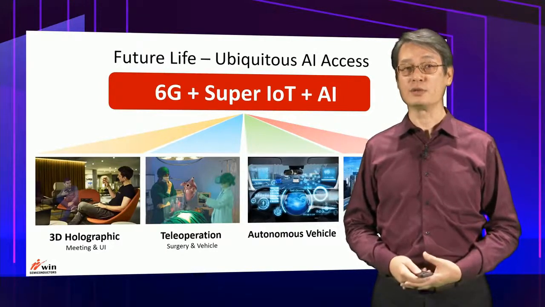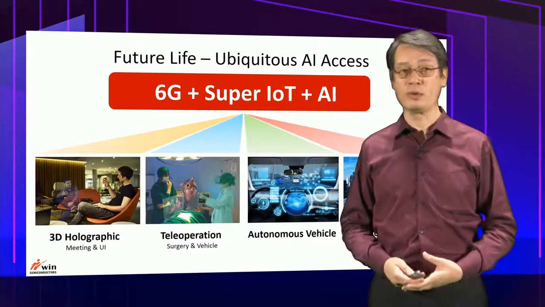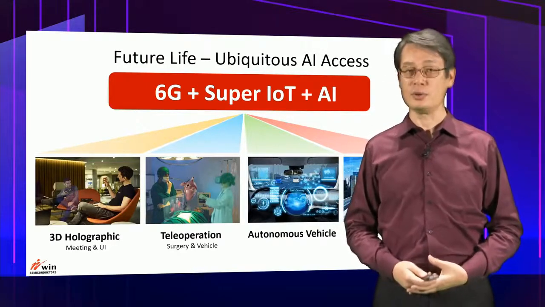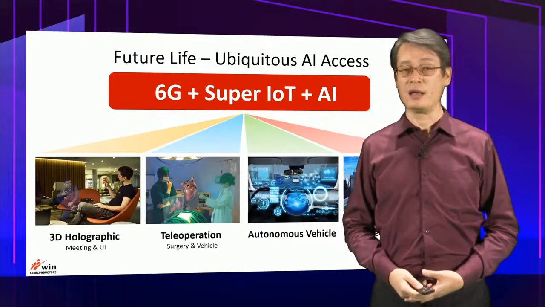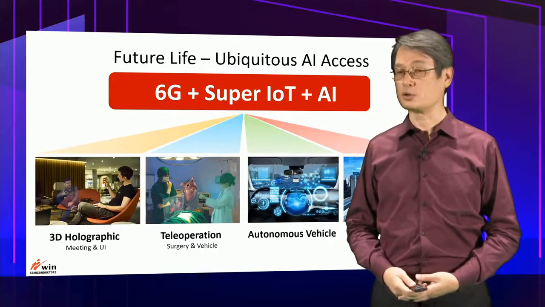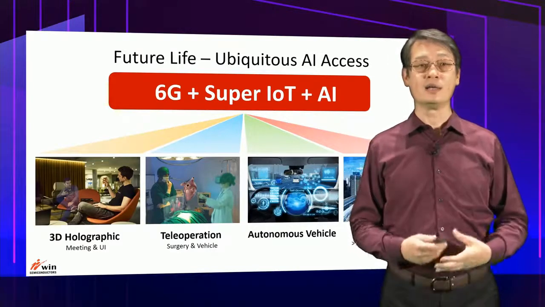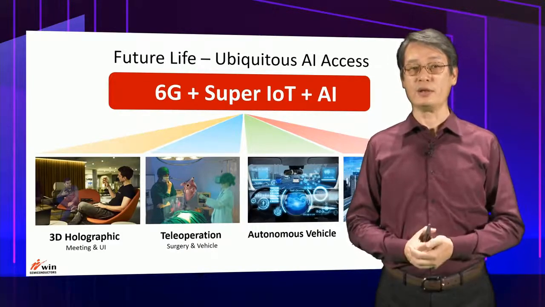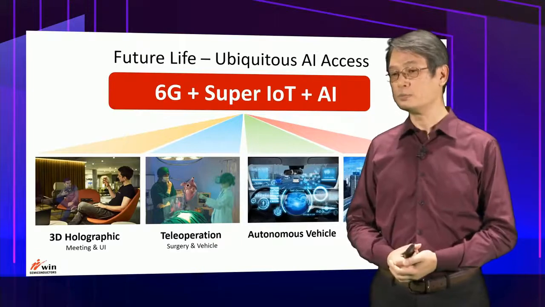All of these new services require extremely high data transmission connectivity and a massive amount of smart sensor devices, as well as supercomputing power seamlessly integrated together to achieve the goal.